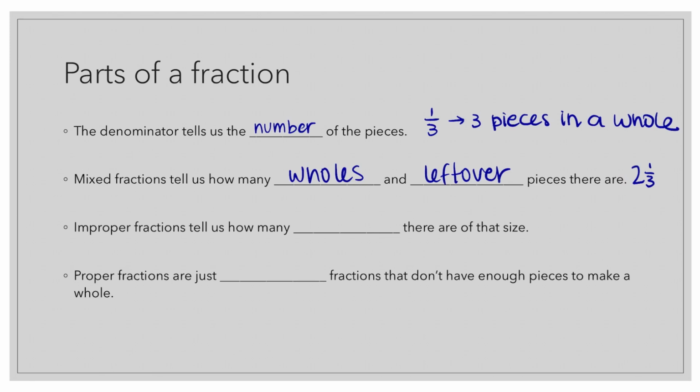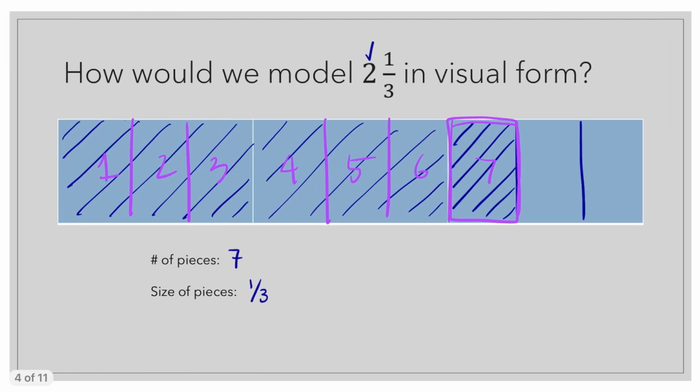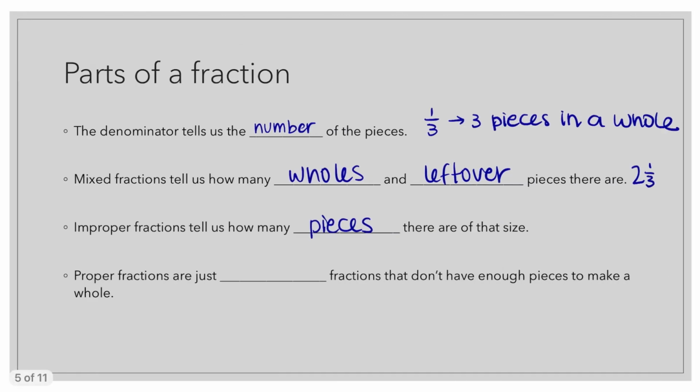Improper fractions tell us how many pieces there are of that size. So if I was to go back here, I had 7 pieces. My improper fraction would be 7/3 because there are 7 pieces of the size 1/3. And proper fractions are just improper fractions that never made it to a whole.